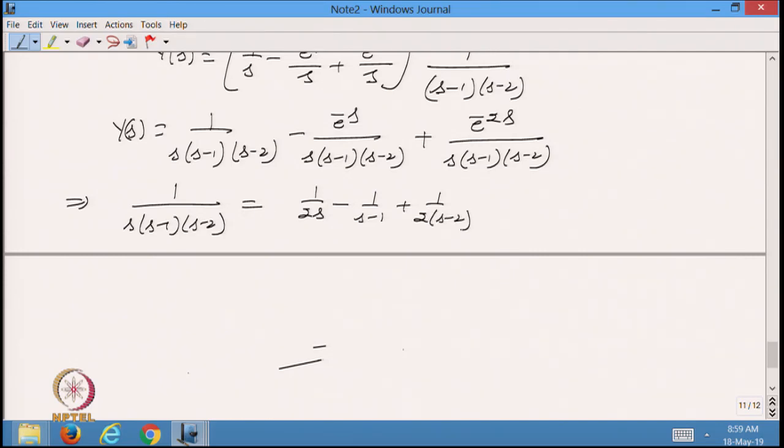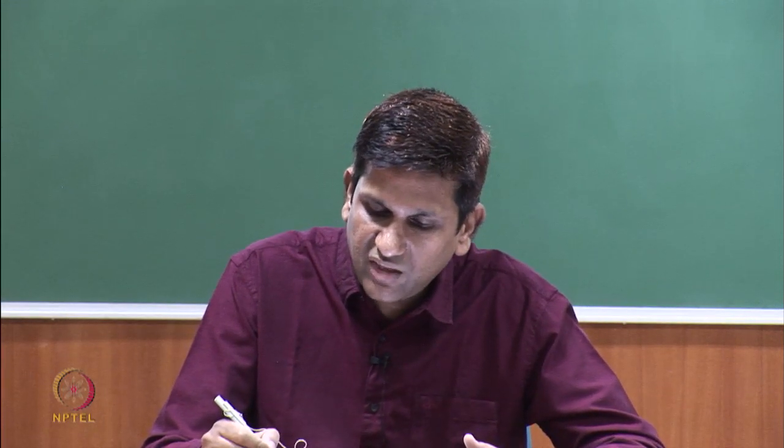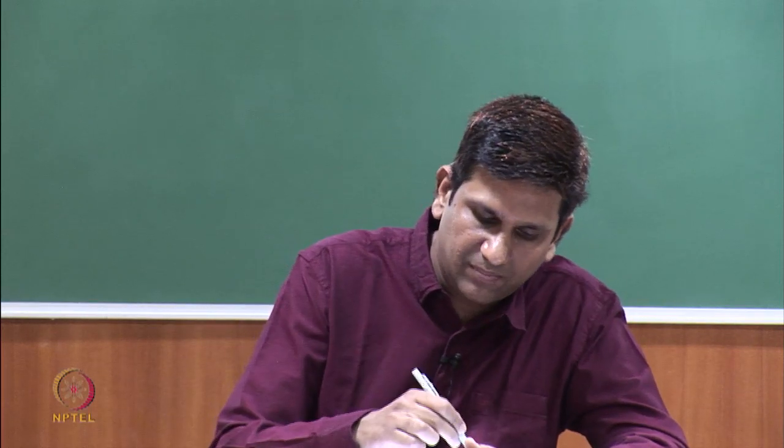So, using the partial fraction I can write this fractional part in this form, because whenever we are solving this type of differential equation, generally we have to apply the partial fraction, because only then am I able to take the inverse Laplace transformation. So, from here I am able to find this value.